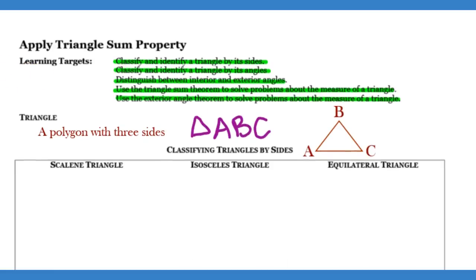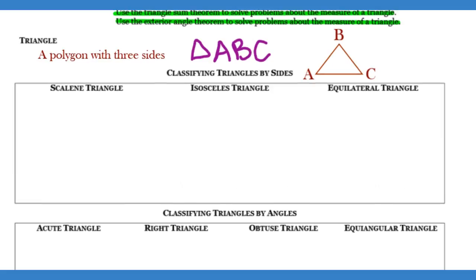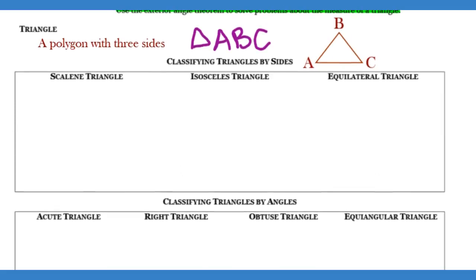Now when we're looking at triangles, we can classify them by their sides. And if we classify them by their sides, we have 3 different types. Scalene, and a scalene triangle has no congruent sides. All of the sides are a different length.